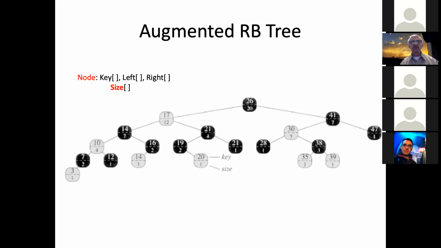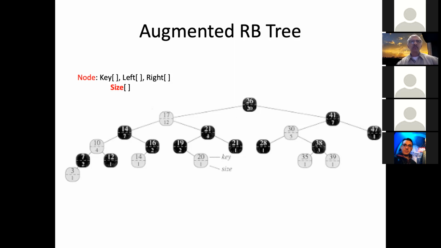Here is an example. I know it's not very clear on the screen, but be patient with me. So what you'll see here is that every node has a key value and a size information. The node at the leaf, this one here, has value 3. And because the subtree beneath it has only one node, the size information stores 1.